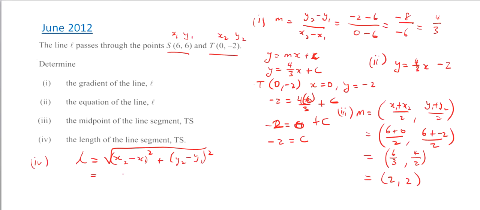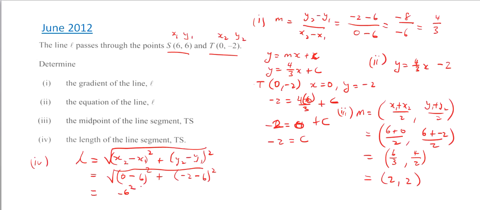So let's say, it'll be 0 minus 6, right? Because I'm substituting exactly what x1 and x2 is, squared plus y2 minus y1, which is -2 minus 6 squared. Find the square root of that. So 0 minus 6 is -6, right?